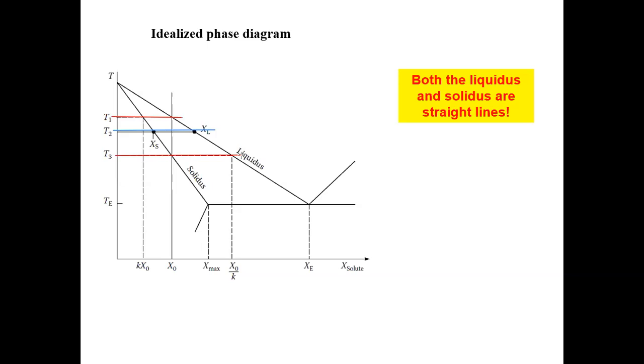For example, here I get this XS1, and this is my X naught, which is XL1. And here I get my XS3, the composition of the solid phase at T3, and this XL3.